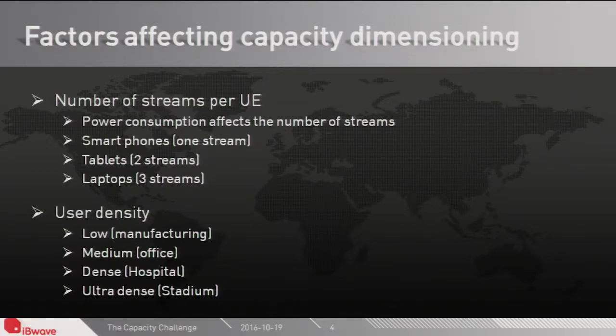As we mentioned, in manufacturing it is low, in a stadium it is ultra dense, in a hospital it is dense, and in an office it is generally medium. It is important to say that because when you have a lot of clients in one area, like in a stadium, there is absolutely no way that you can get away with a low number of APs.